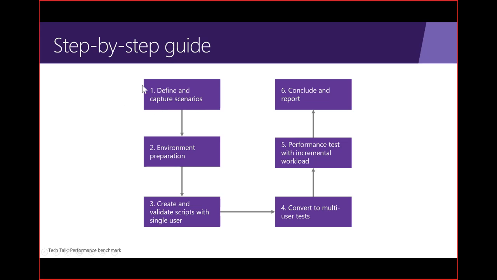So the first one will be to define and capture your scenario. Normally, you need to work with your business user and capture those scenarios with a task recorder step by step.